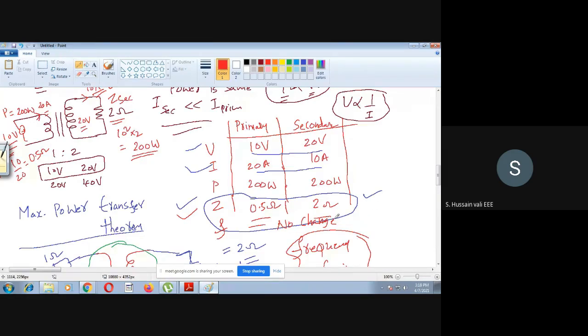Now see, we got five things in the transformer: voltage, current, power, impedance, frequency. Out of five, voltage may change, current may change, impedance may change, but the power and the frequency never change. The primary power and secondary power are both the same. Primary frequency and secondary frequency are both the same. There won't be any change.